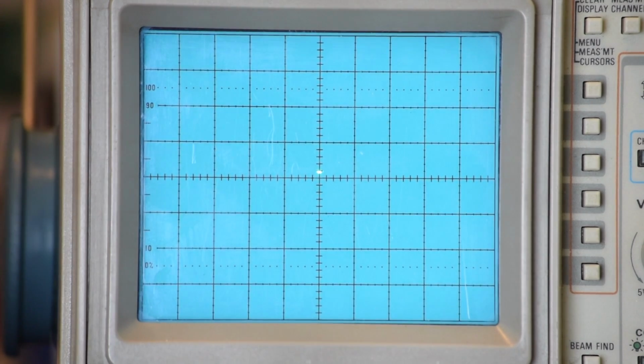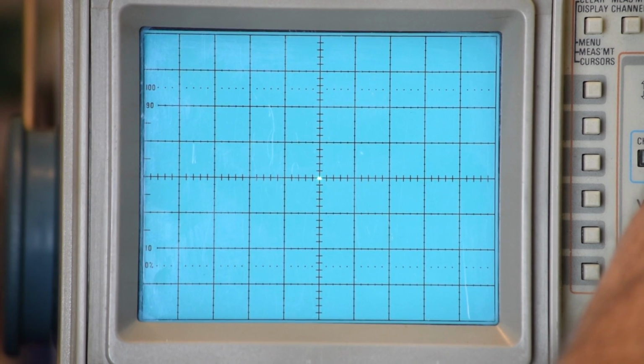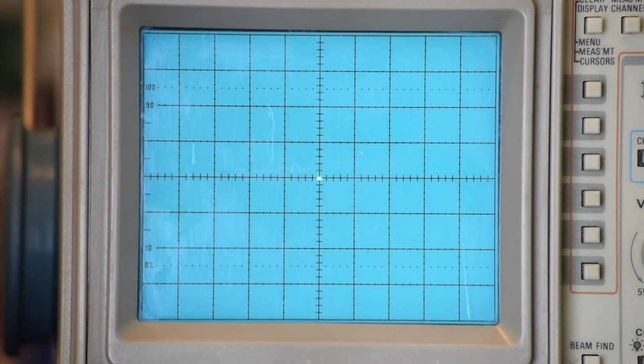And usually if one of the excursions is pretty far off, I go back to the 0 position and reset the position of that channel. And let's see.